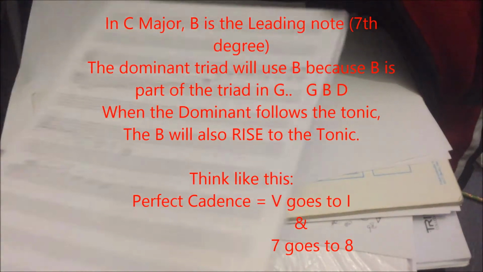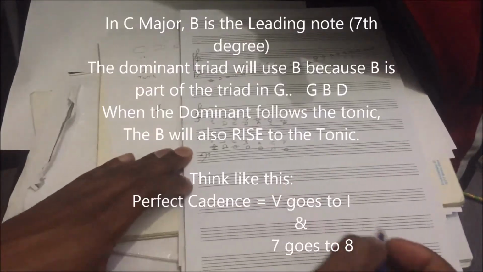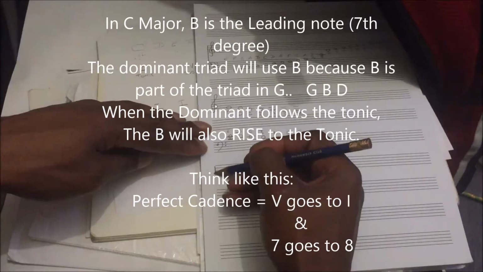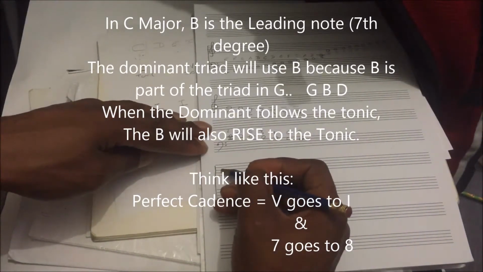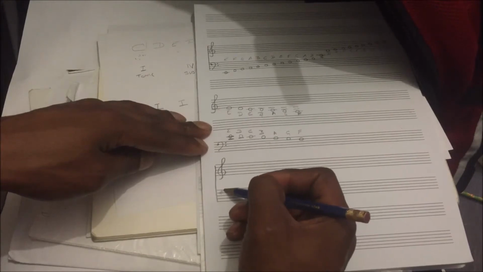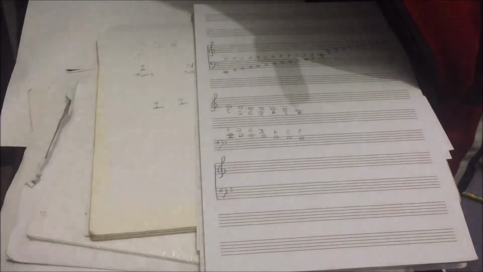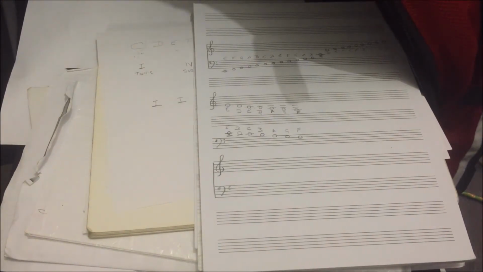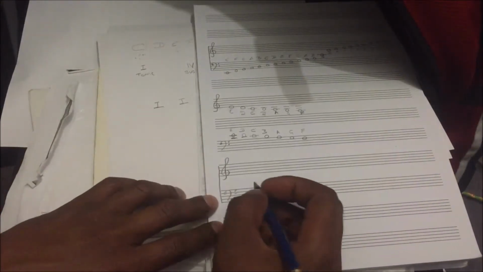Okay, let's get some manuscript paper. Alright, so here, do treble clef and do bass clef. What I'm going to do, I've lost my pencil. Ridiculous. Okay. I'm going to write a C chord.